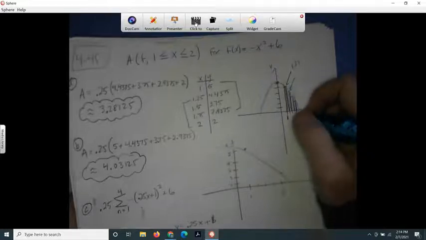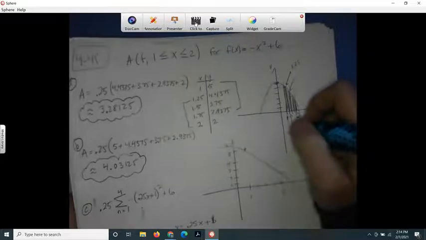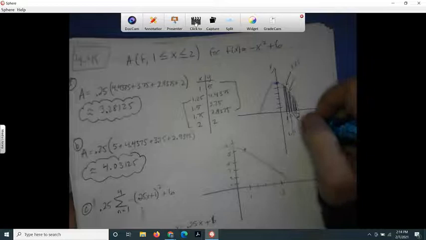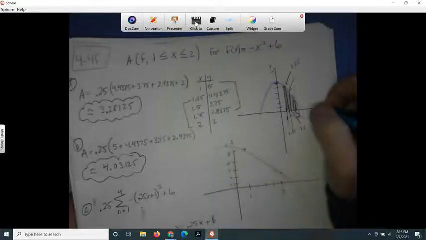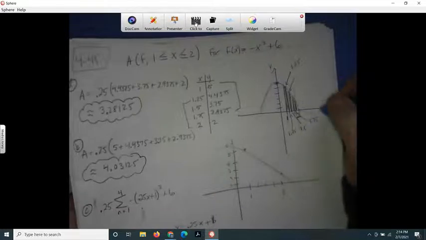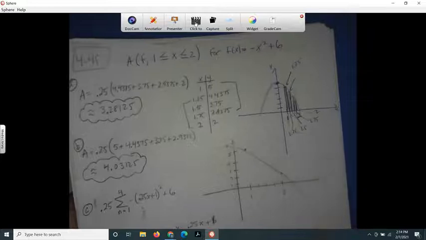The x value is 1.25. And this x value is 1.5, and the next one would be 1.75. I know they're really small. And then the last one would be 2, because it told me that I had to have 4 rectangles, right?